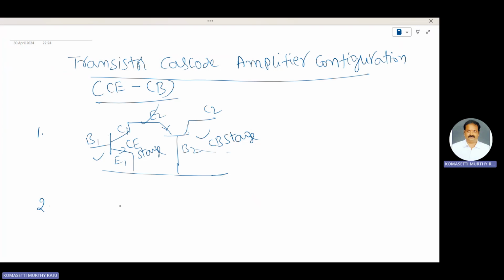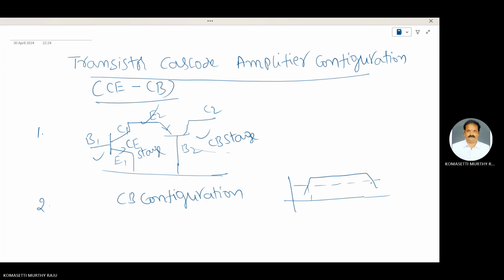For high frequency applications, CB configuration has the most desirable characteristics. The frequency response of the CB configuration has a higher cutoff frequency compared to CE configuration.